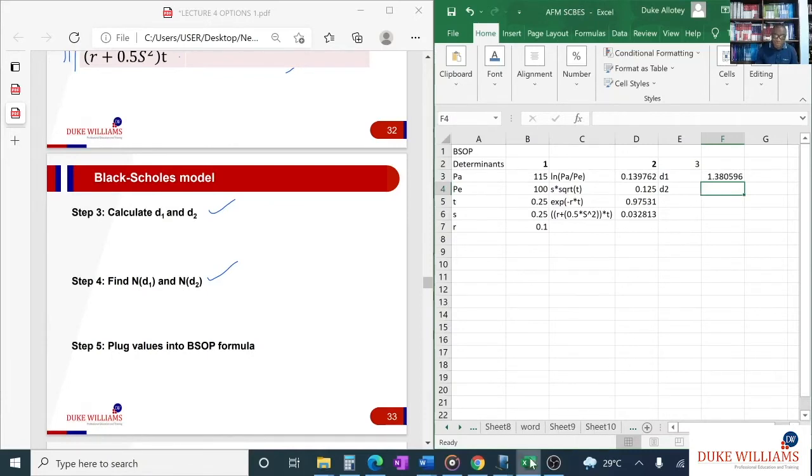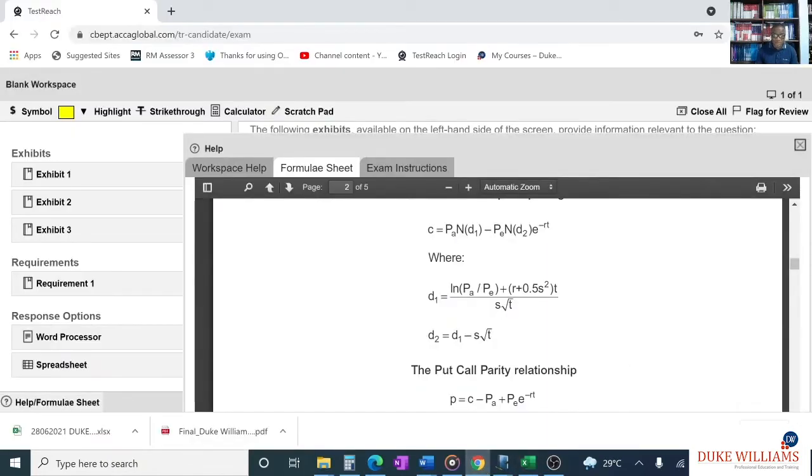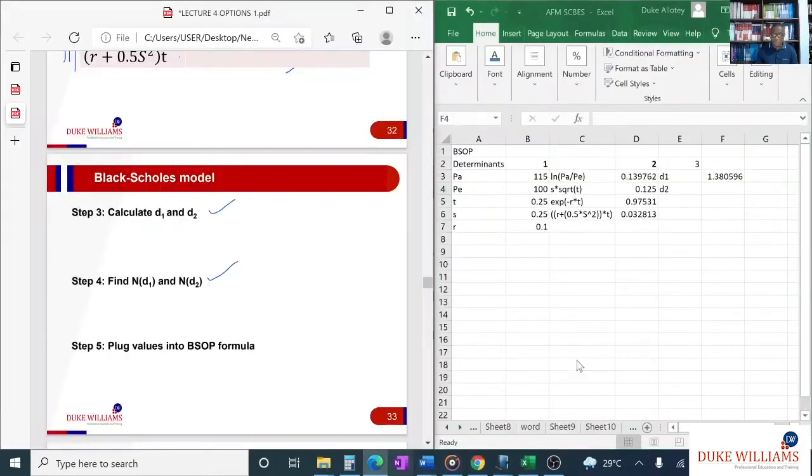And then my D2, according to the formula, is the value I have for D1 less S root T. And I do have those figures there, so nothing to worry about. So D2 will simply be this D1 take away S root T. So yes, that gives me that figure. Very interesting stuff there.